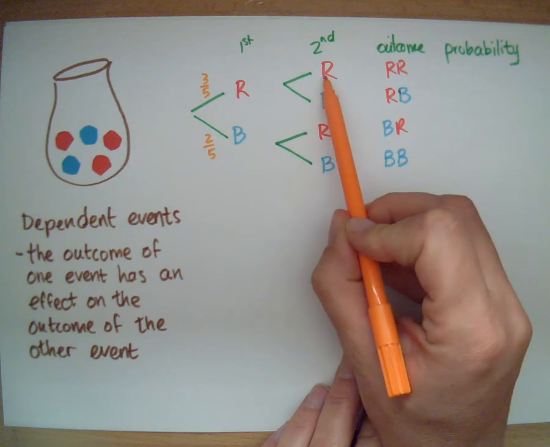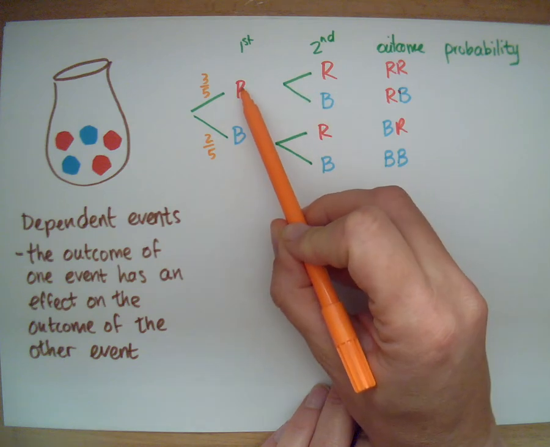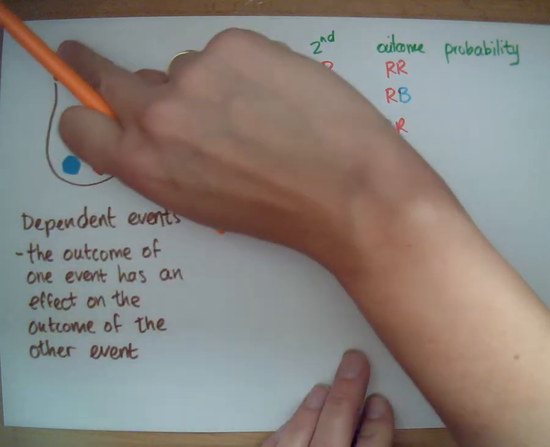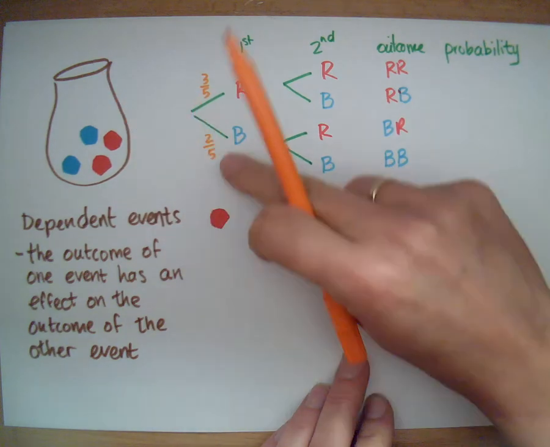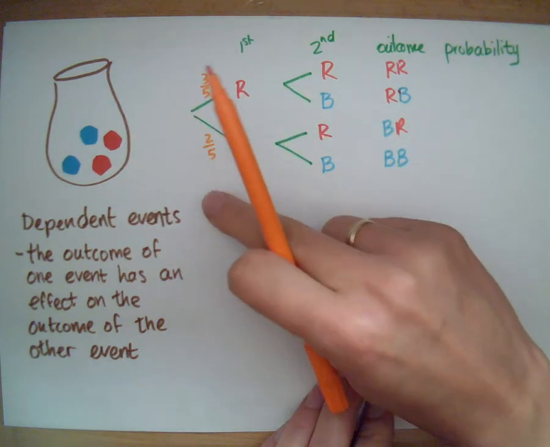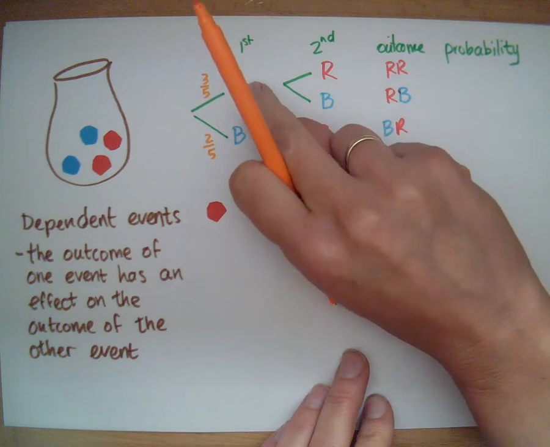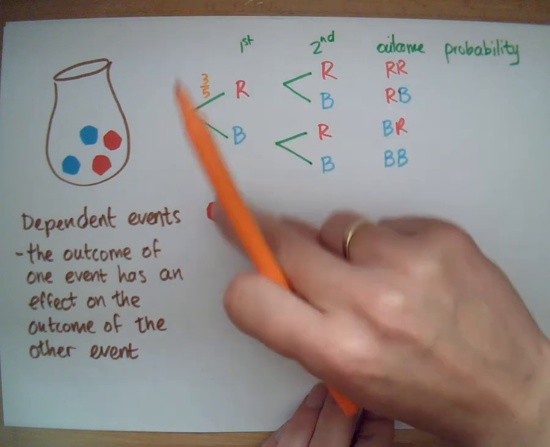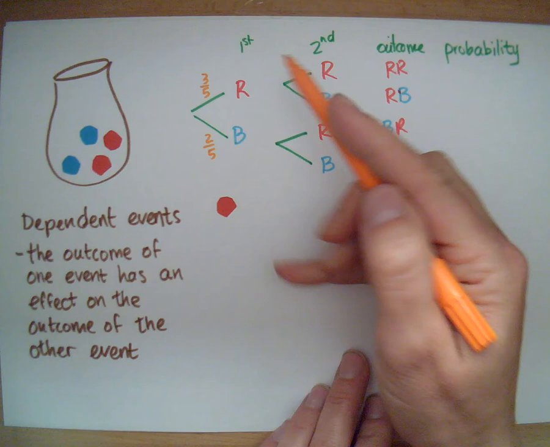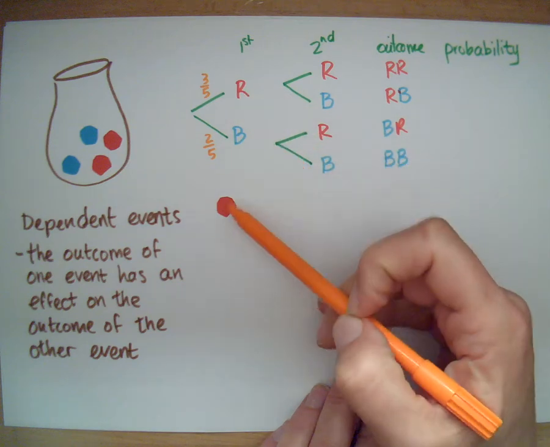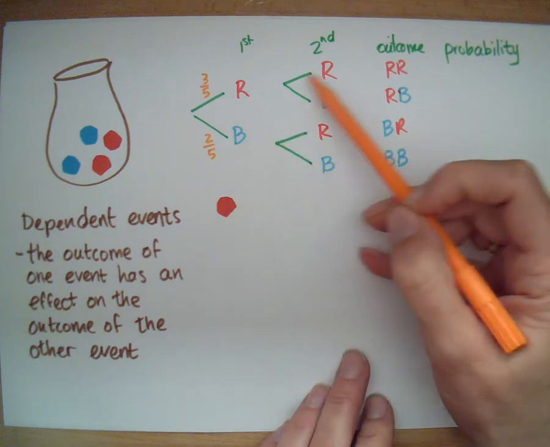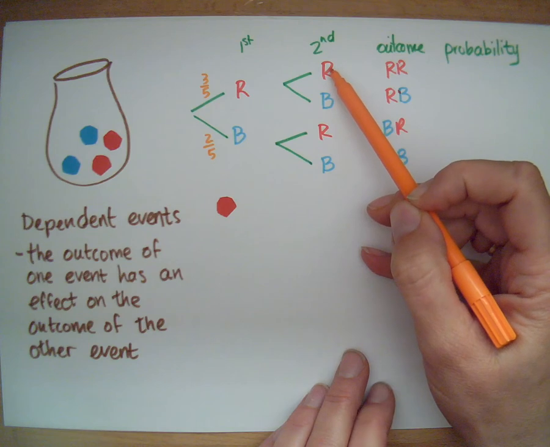Now on our second draw, if it follows the event of getting a red one first, we have to imagine the red one that we picked out on the first draw is already out of the bag. So then following that event, what are our chances of picking red again?